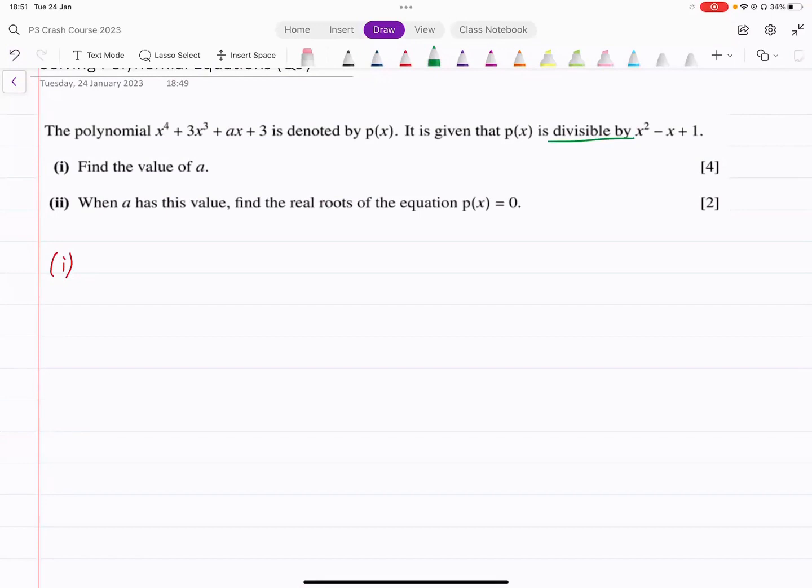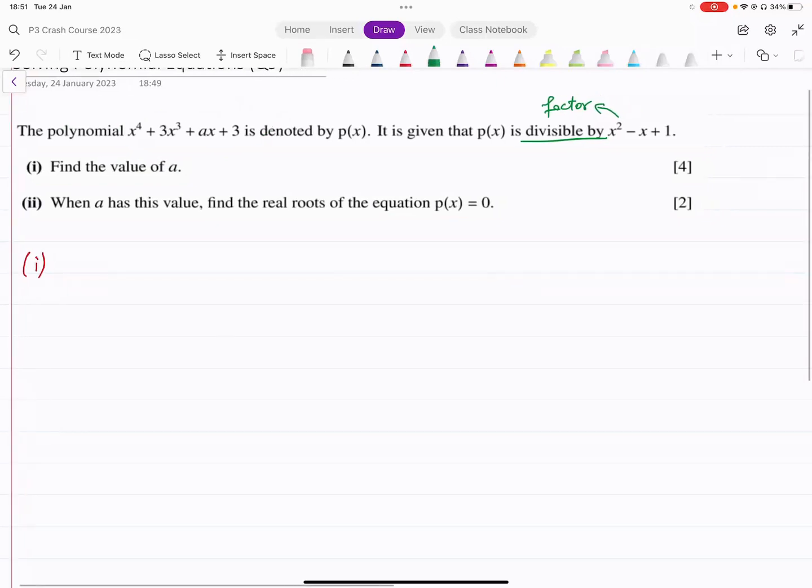This means that x squared minus x plus 1 is basically a factor. Divisible by means that this expression that we've got at the end, x squared minus x plus 1, is a factor of this polynomial. And what does a factor mean?